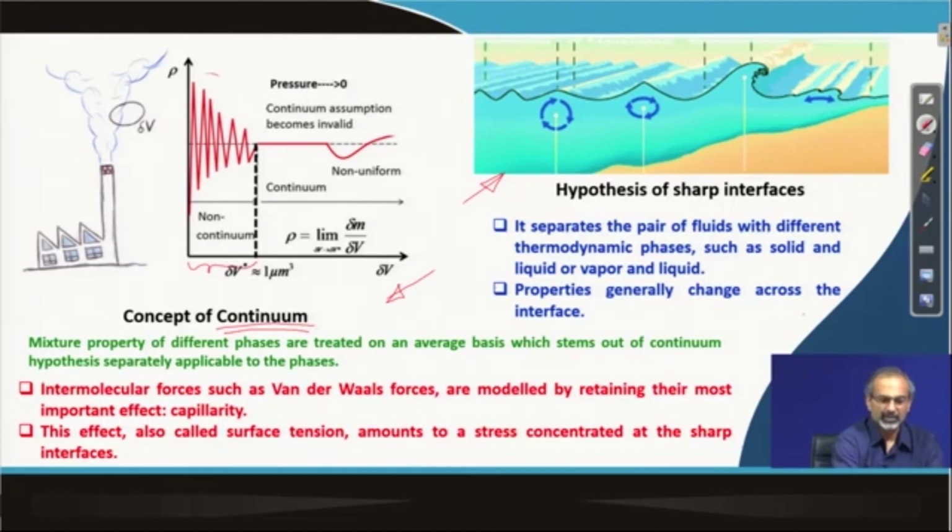But as you move to larger length scales than the mean free paths, the medium tends to behave like a continuous medium, and then you are operating over a continuum. Over a certain moderate range of scales, you will see that the properties essentially remain constant, but if you move to still larger length scales, then non-uniformities can show up further. So, this is essentially the purview of the continuum hypothesis.